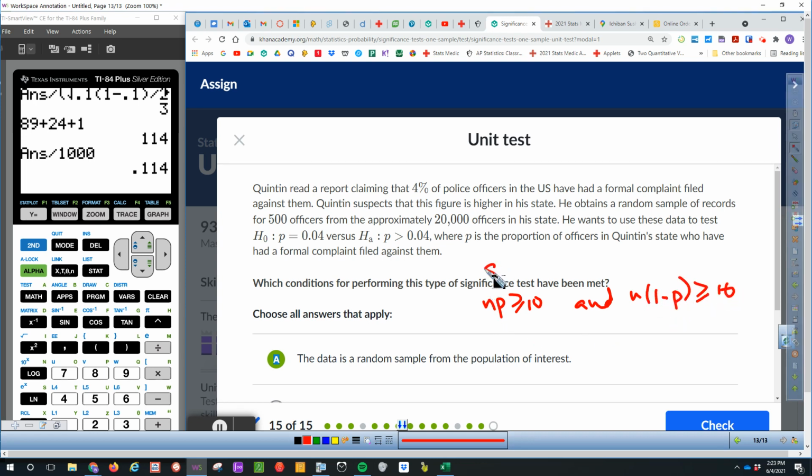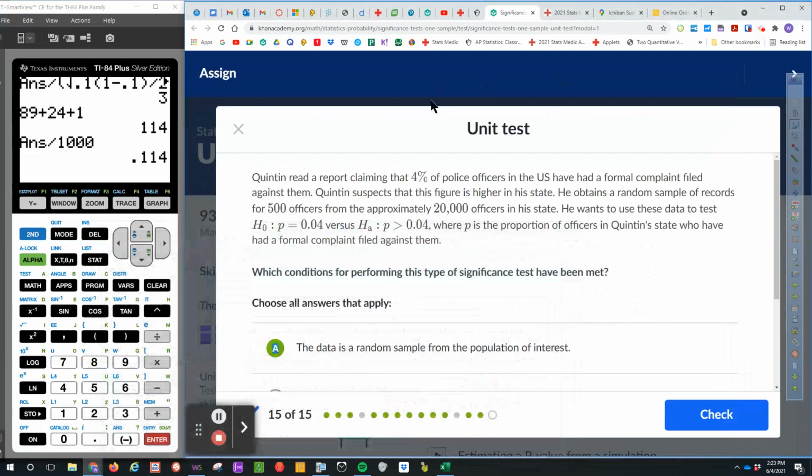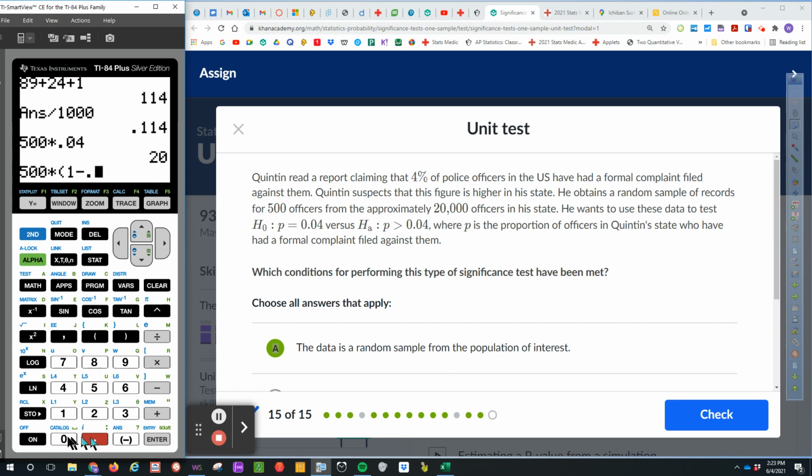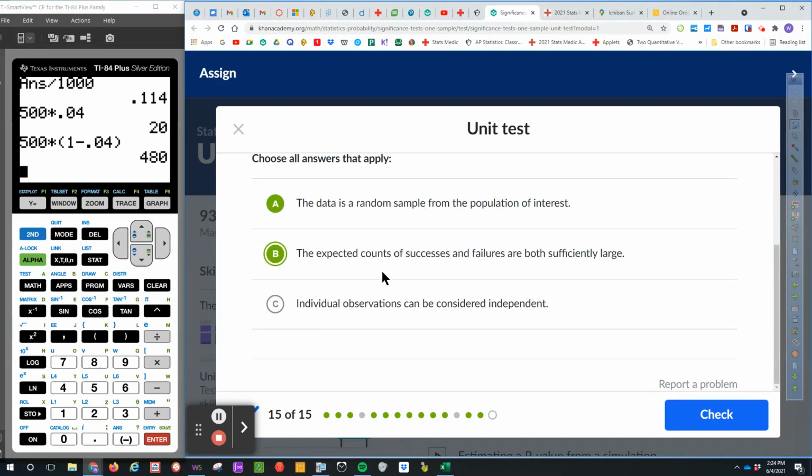So this is for successes, and that's for failures. Okay, so n is 500, and p is 0.04. With that in mind, 500 times 0.04 is greater than 10. And then 500 times 1 minus 0.04 is also greater than 10. So the expected counts of successes.